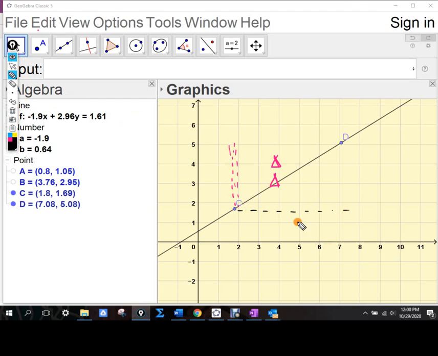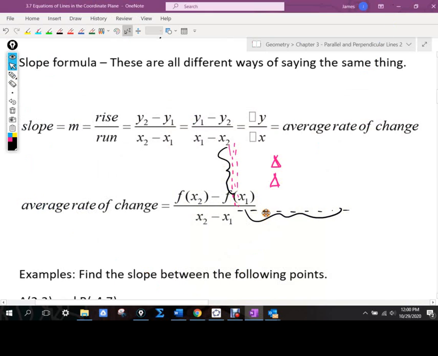So if I ask how much on average does the vertical height change, it's the total height divided by how many x values that it took to get from C to D. So we take that total divided by that total, and we get what we call the average rate of change. So those are all kind of synonyms that we use in mathematics to talk about slope.